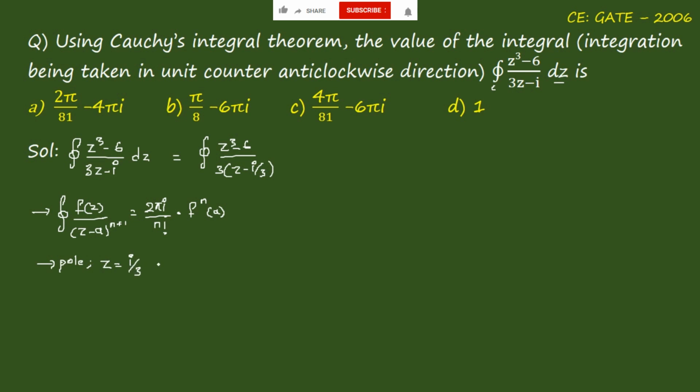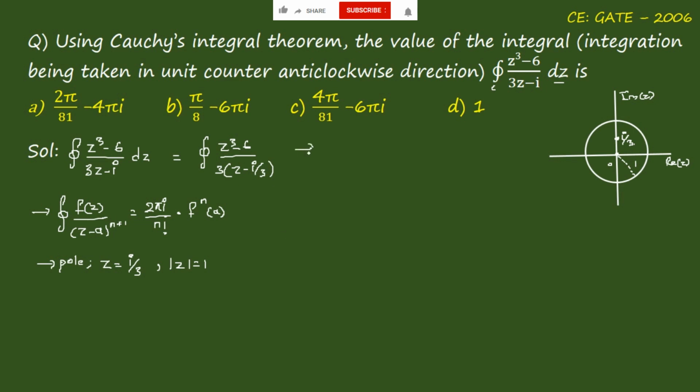You have to check whether it is in the circle mod z is equal to 1 or not. If you consider this graph, here is the real part of z, and this is the imaginary part of z. It is centered at the origin, right? And they gave the radius as 1. Now i by 3 would be inside the curve, so we can use this particular formula.